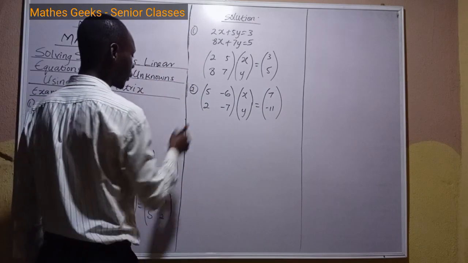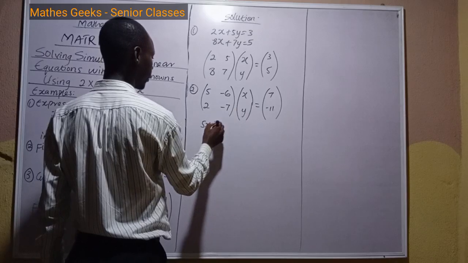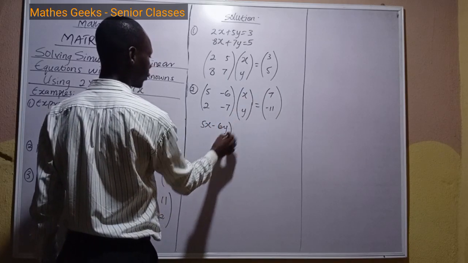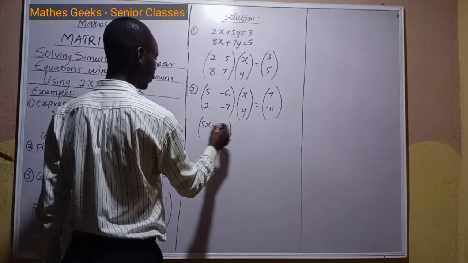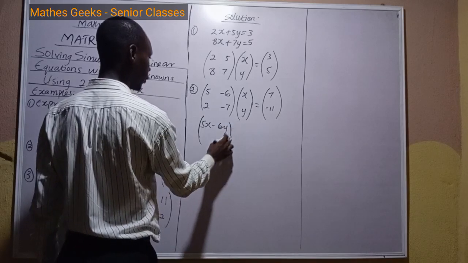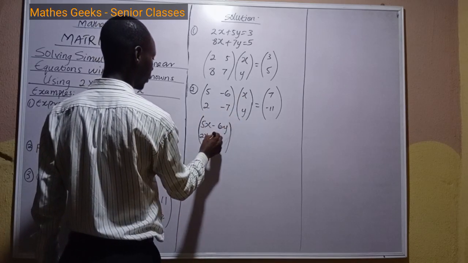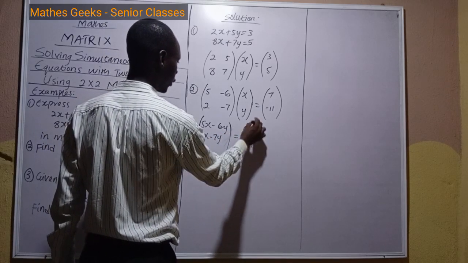So 5 times x is 5x, minus 6 times y is minus 6y, equals, in the next matrix, 2 times x is 2x, minus 7 times y is minus 7y, and the matrix 7, minus 11.